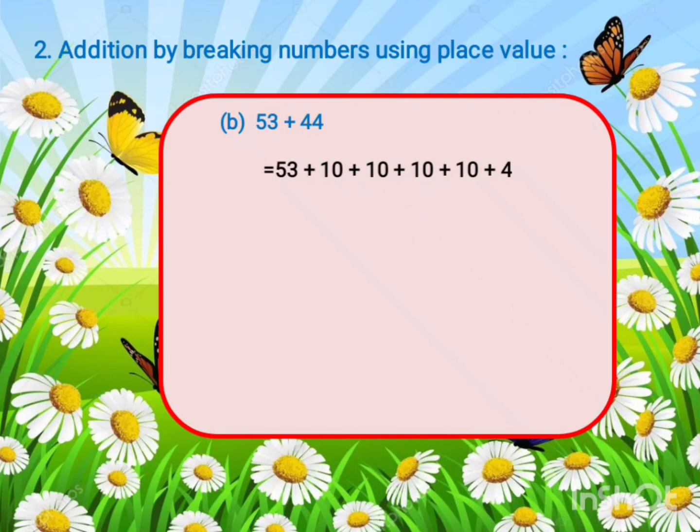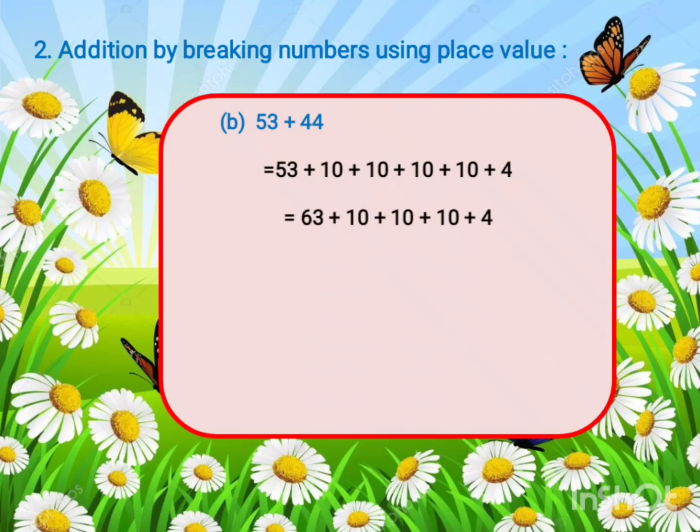But we shall not change 53 and we'll write it as it is. But we shall split up 44 into 4 tens and 4 ones. So in the first step, we write 53 plus 10 plus 10 plus 10 plus 10 plus 4.